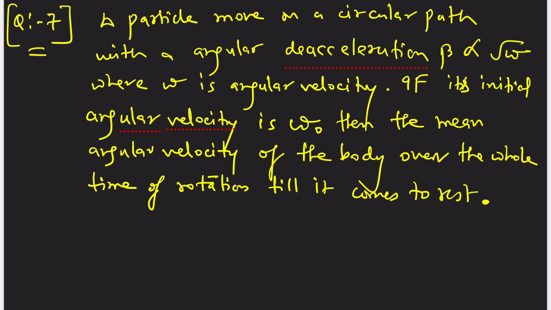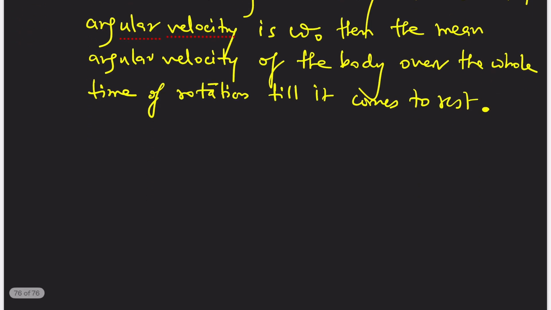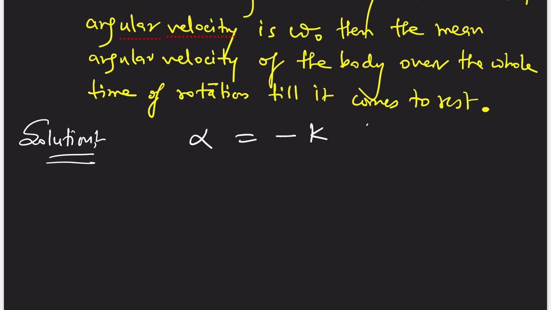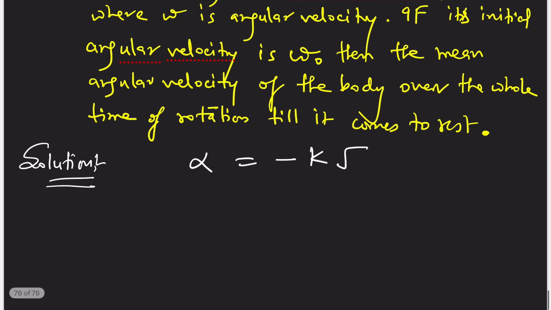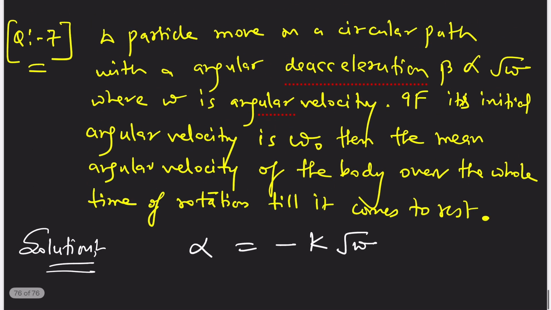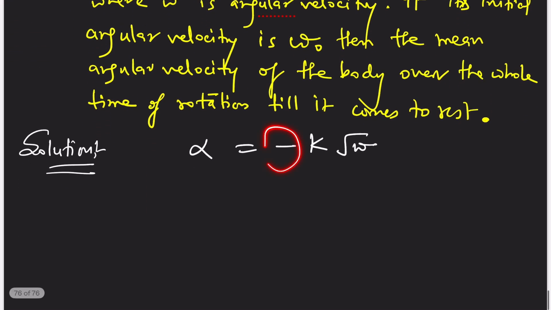So, solution. If you see, your alpha, here they have given beta, I'm just taking alpha. Alpha is given as minus k root omega, where k I have put from my side only, because if you want to remove the proportionality constant you can put a constant here, and the minus sign because it is a deceleration.